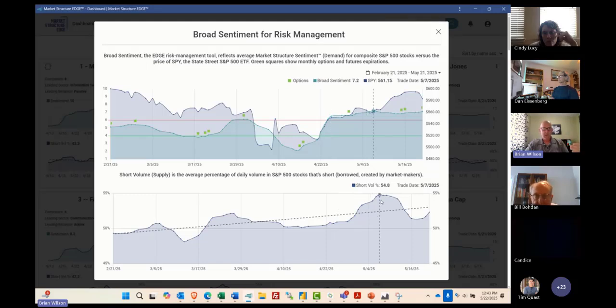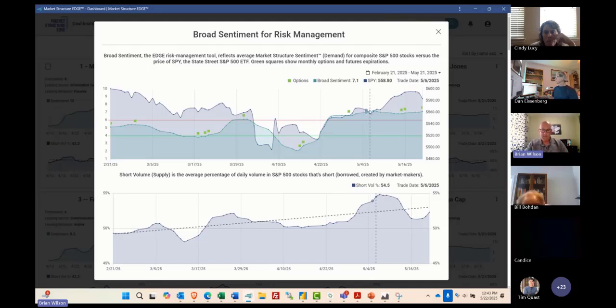Now, normally what we will see, and I've been doing this for 10 years, Tim's been doing it for about 20 years, is that when shorts get covered, they will get covered at lower prices. Market participants who are short the shares, if they can, there's an economic incentive for them to cover at lower prices. They don't want to cover at higher prices.